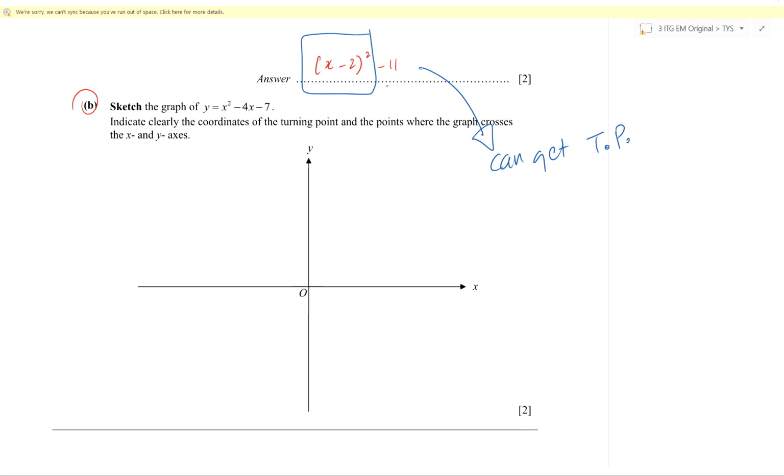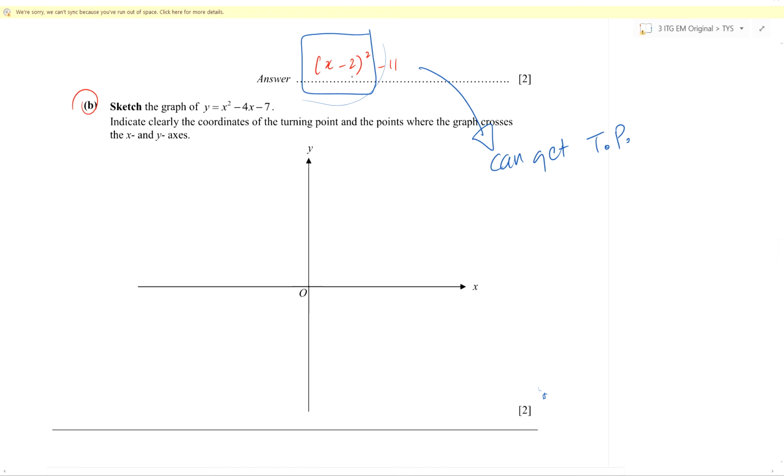You can't get smaller than -11 because this perfect square cannot be negative. If this boxed value is a negative value, then yes, the answer can be smaller than -11. But it cannot be negative. It is a perfect square. So its smallest value must be 0.